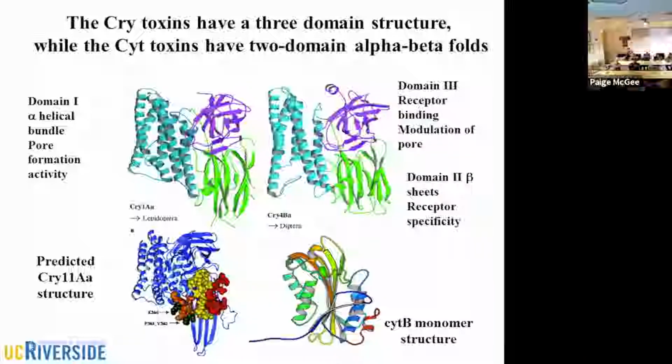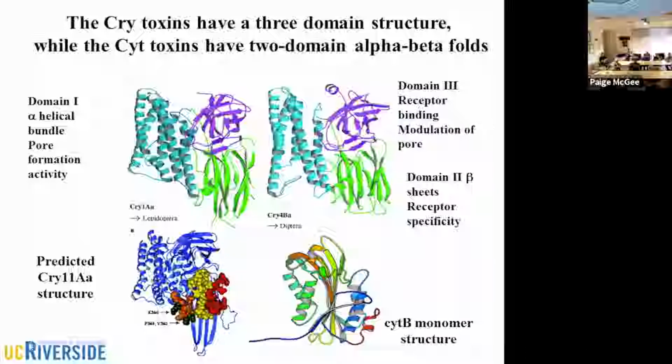And these alpha helices are the pore-forming component of the toxin. The green structure in that particular one is the receptor binding domain. And then you have the purple one, which is domain 3. It actually modulates both the binding and also the pore formation.